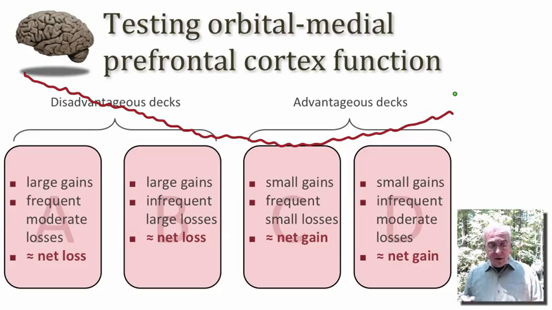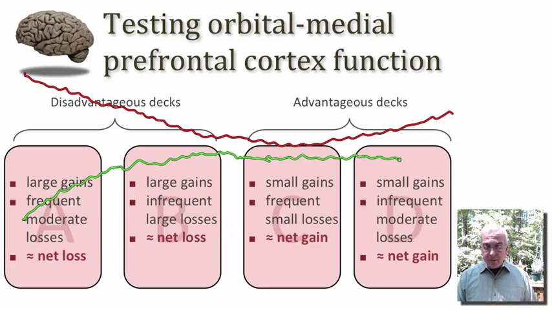They will choose from the advantageous decks as they begin to figure out that that might be a useful strategy, but they never quite seem to do so with greater prevalence over choosing from the decks that lead to the financial loss. It's as if what they are drawn to is the impulsive prediction of significant reward, even though over time that strategy will lead to a net financial loss.